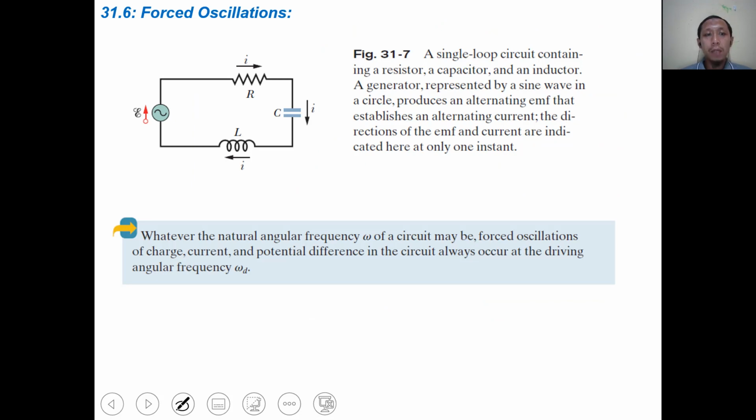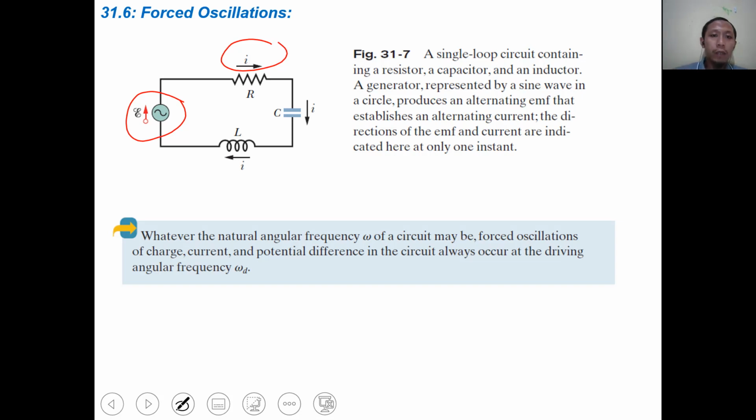Okay, so if we have the voltage source E like this one, and then connect to R, C, and L, the current will flow in the circuit by I, and then will be absorbed in the capacitor. The capacitor will absorb the charge until the maximum value, and then the capacitor will deliver the current to the circuit. Similarly, the inductor will store the current, and then it will deliver it when the current in the inductor is at the maximum value.